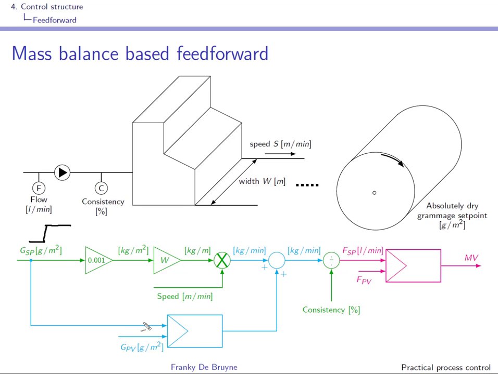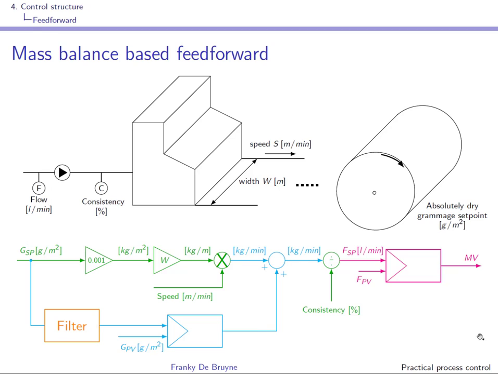Because if there is a set point change over here, there will be a kick, something that will look like this, at the output of the controller.